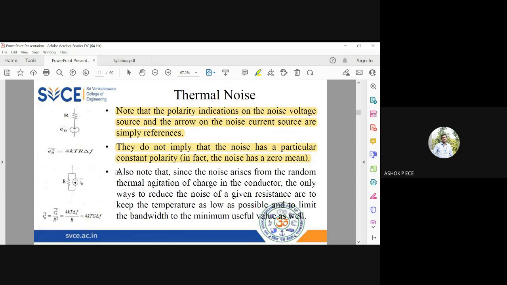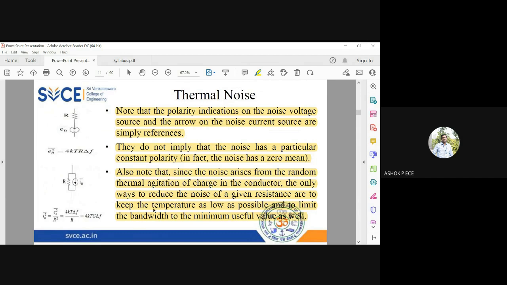So how can I minimize thermal noise in a given system which is going to use resistors? The only way to minimize thermal noise is to ensure that the temperature is as low as possible. Low temperature operation is perfect to keep this noise under control.